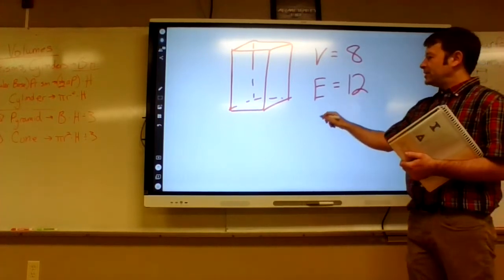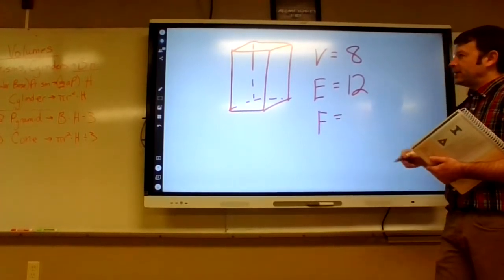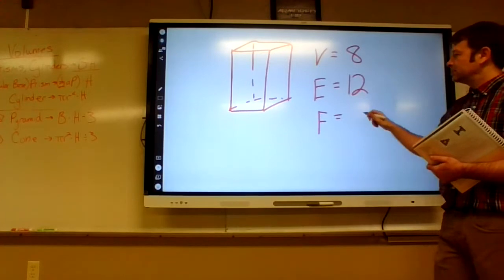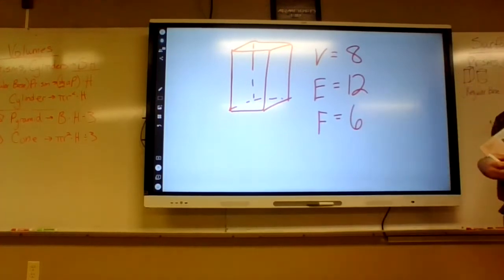And then faces. How many faces are on top? How many on bottom? How many lateral faces? 4 in total. Okay. Do you guys remember the little formula that's supposed to happen with these numbers?